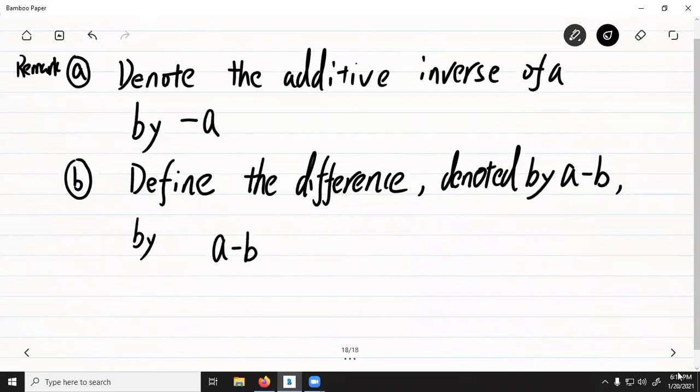We define it in the following way. A minus B, this symbol means it's defined by the right side. Okay, what is A minus B?